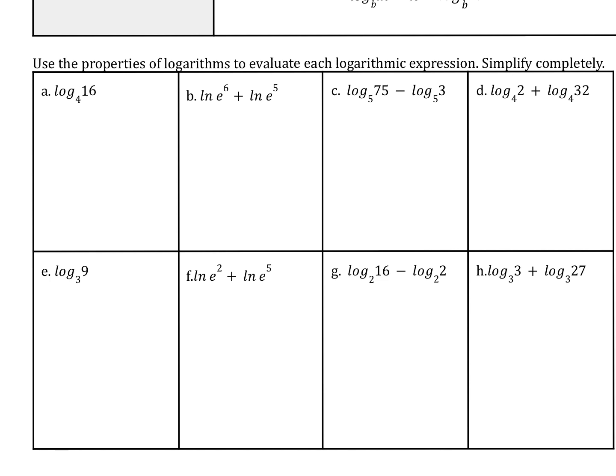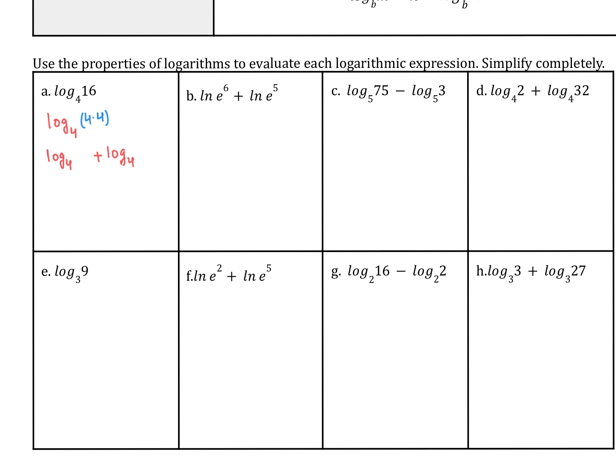Next, we are going to use these properties and solve some problems. Use the properties of logarithms to evaluate each logarithmic expression. Simplify completely. The first question is log base 4 of 16, and we can write 16 as 4 times 4. This looks like log base 4 of m times n, so it is a product property, and we can write it as log m plus log n.